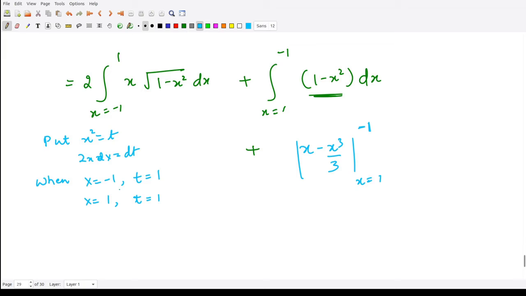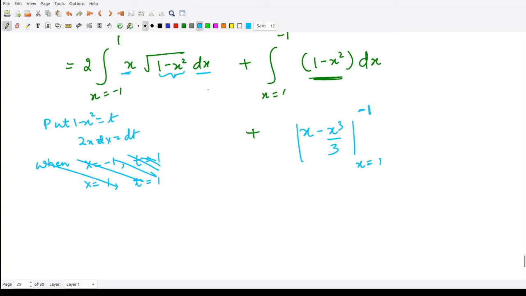Is there some mistake? Or in fact, let's not completely change it. Let's just make this integration, so that whenever you substitute 1 minus x square as t, you have the derivative of this function as such.